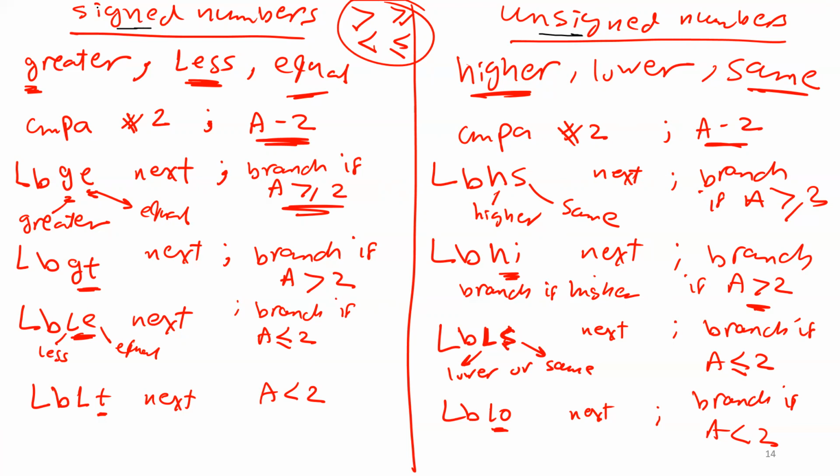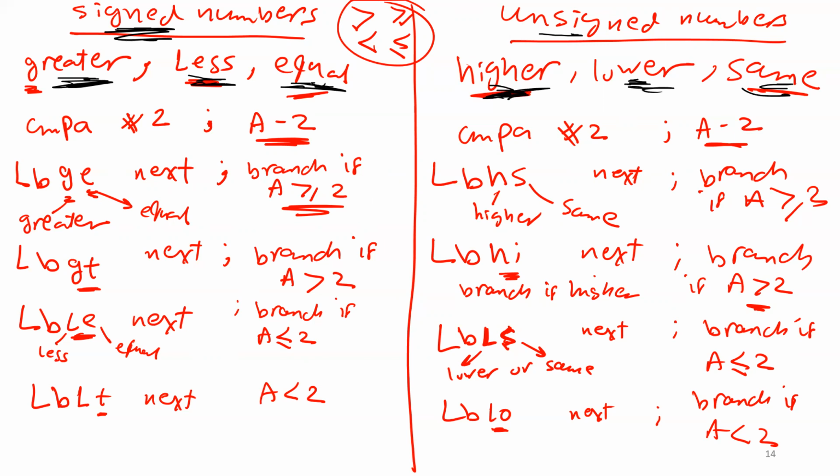In case of unsigned, we use equivalent but different English words like higher, lower, same. You get what I'm saying? Greater means higher, right? However, we use the words greater, less, equal for signed numbers, and higher, lower, or same for unsigned.